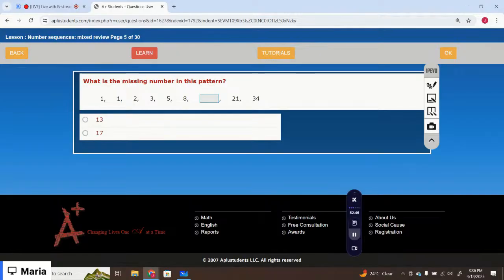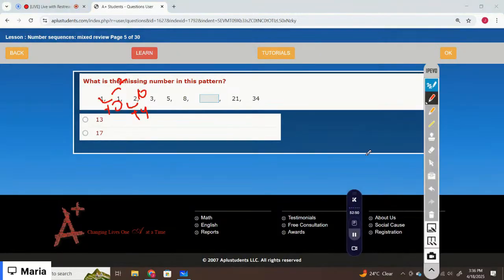So we keep adding the last two numbers. Look, 1 plus 1 makes 2. Then 2 plus 1 makes 3. 3 plus 2 makes 5. 5 plus 3 makes 8. So 8 plus 5 makes 13. So 13 it is. The missing number is 13.